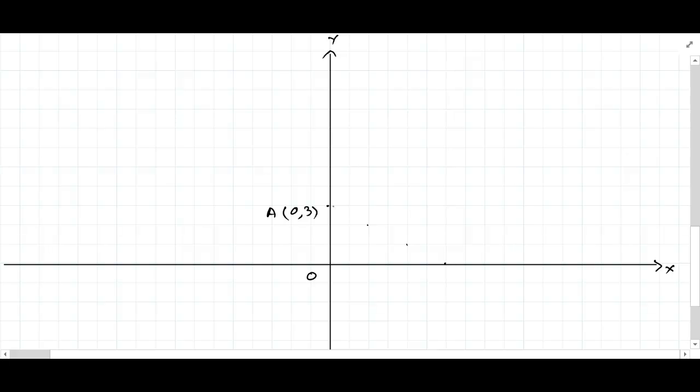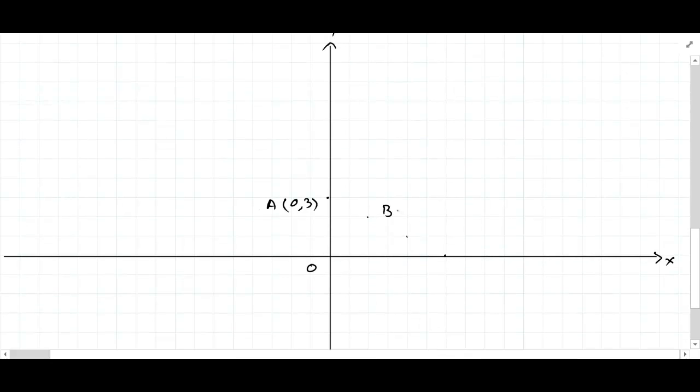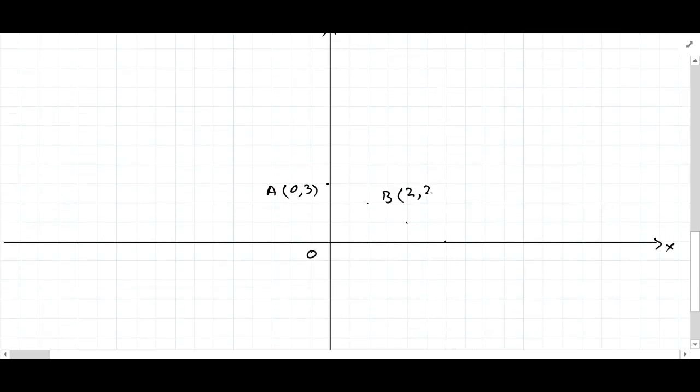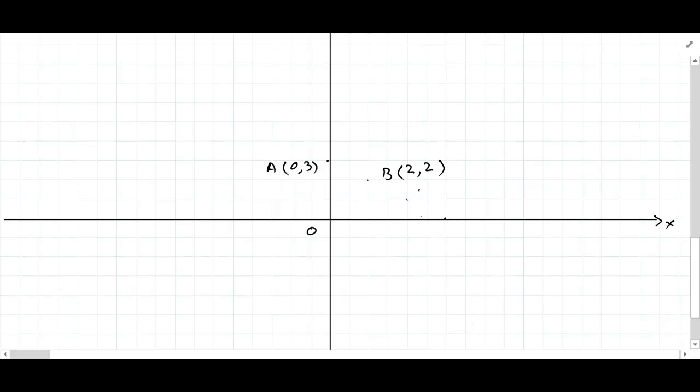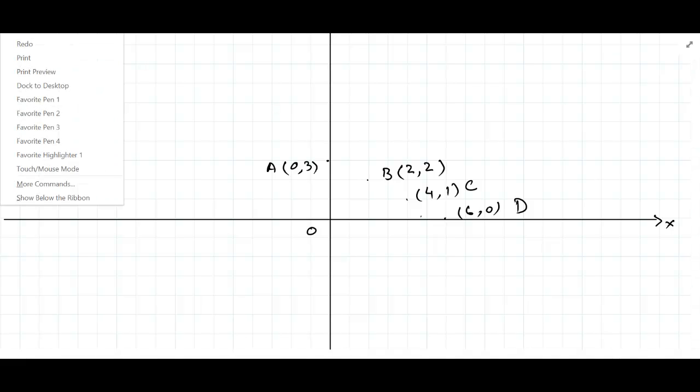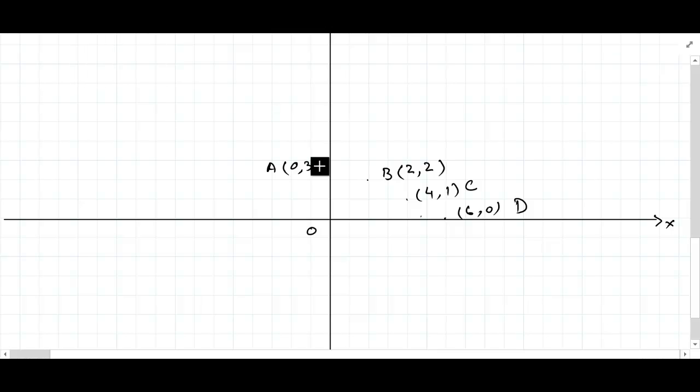Let's name these points as A, and then B is 2, 2, and then this is 4, 1, and then 6, 0, and name it as point C, and this as point D. And now we can visualize a straight line through these points, and for that purpose we will pick up a line and draw the line through these points.